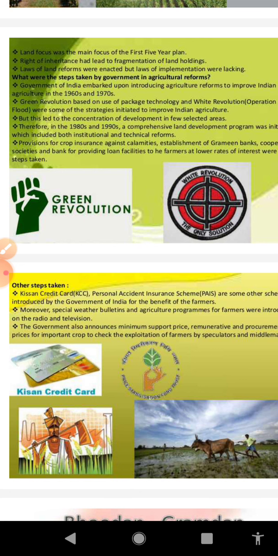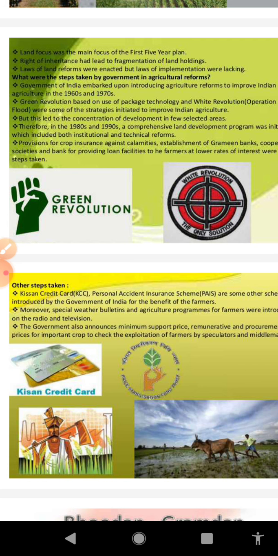All these technological and institutional reforms together have led to an enhancement of agricultural produce in our country many folds, which is termed the green revolution.